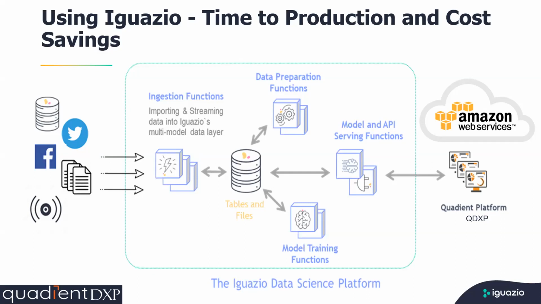The other thing is, obviously, if you look at the whole MLOps tool chain and the whole pipeline, it all starts with ingesting data. So, if you find the data, you have to be able to ingest it. And normally, in any other situation, you wouldn't have all of these capabilities self-contained in one platform. But the ability here to ingest data, to prepare the data, to train models against the data. And as soon as I have a trained model, Iguazio's data science platform includes a serverless capability called Nuclio.